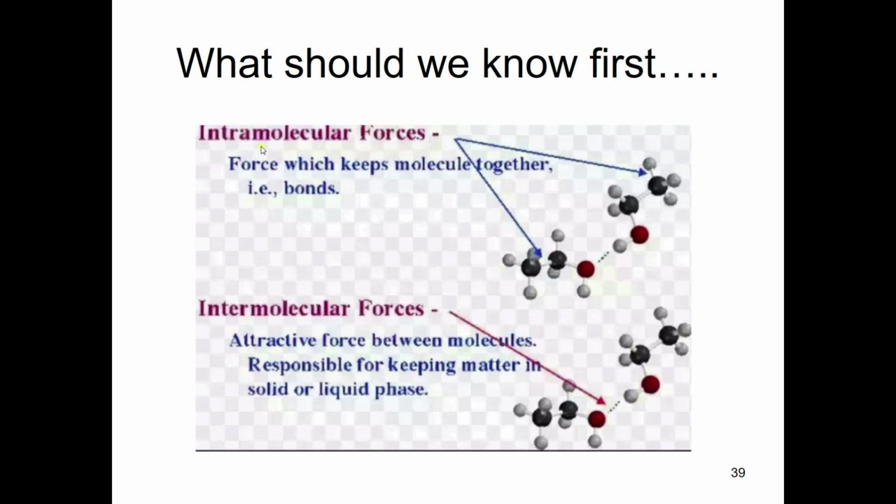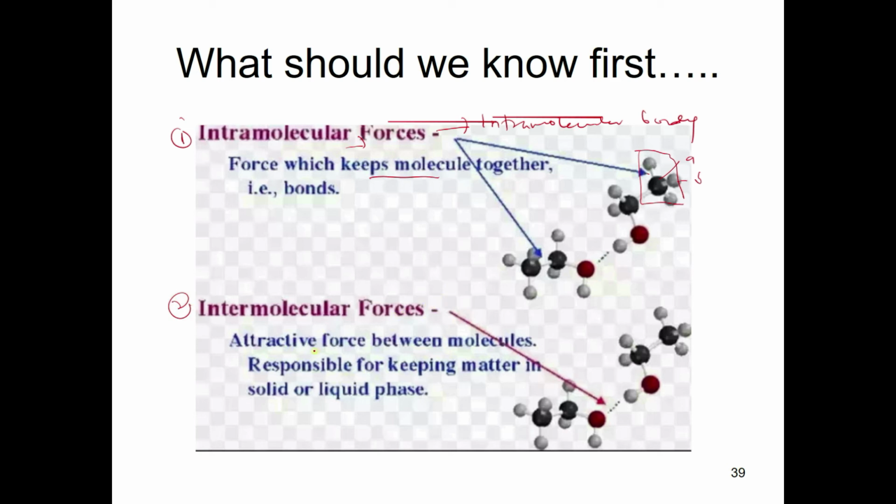When you want to form matter from atoms, there are two types of forces that act on the atoms and molecules. One is called intramolecular forces, which give the intramolecular bonding. This is the force that keeps atoms together within the molecule. So you have atom A and atom B, and to form this molecule you have intramolecular bonding. The second one is intermolecular forces, from the intermolecular bonding.